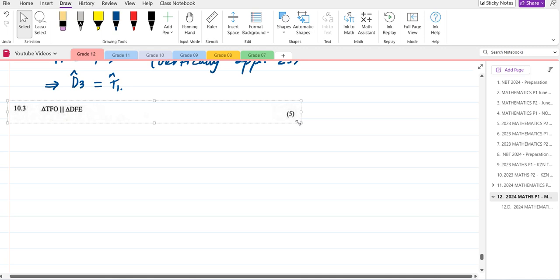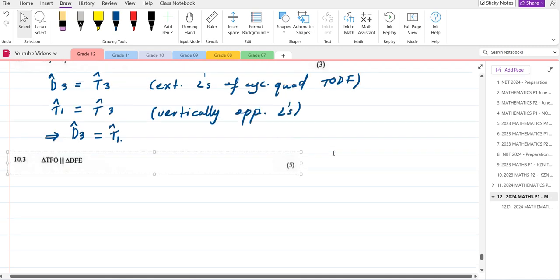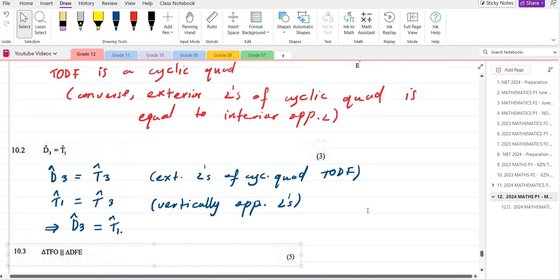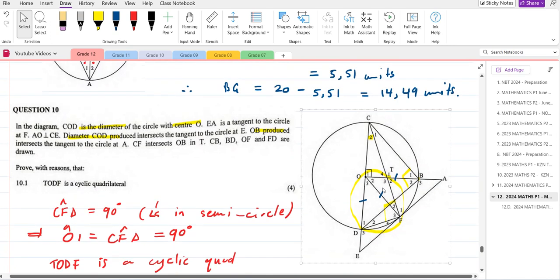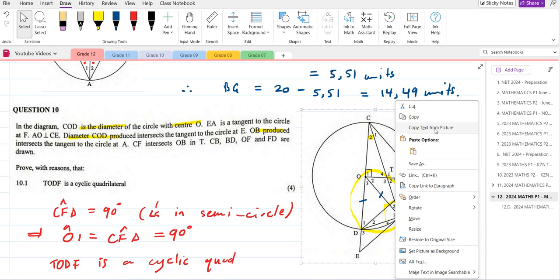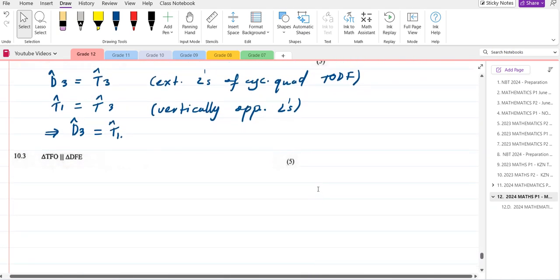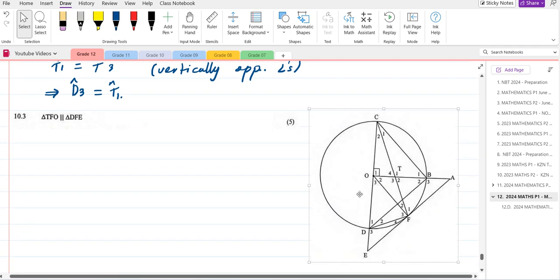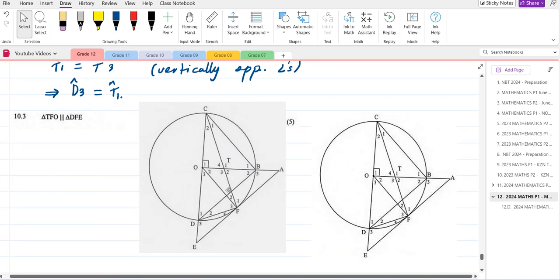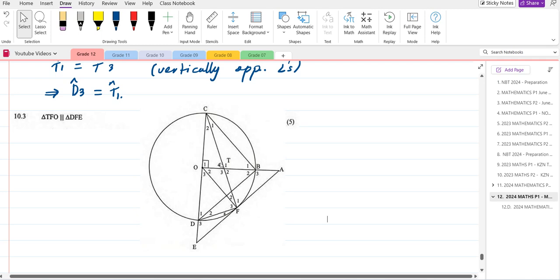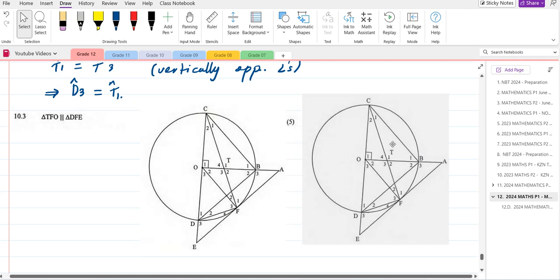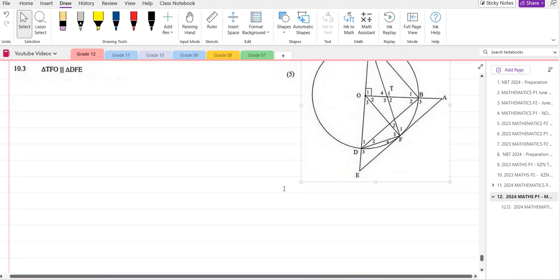Let's prove the similarity here now. What similarity we got? TFO and DFE. I need this diagram down, not with so much of marking, because we got those information already. Just remember those information, right? So remember this is 5 marks, right? Let's take this in the side here, so you can see it on the screen.